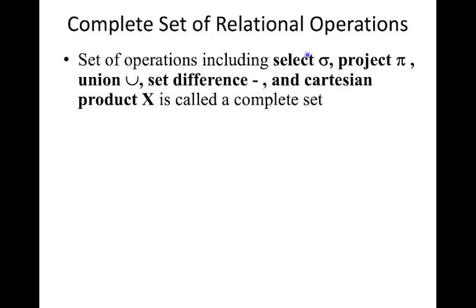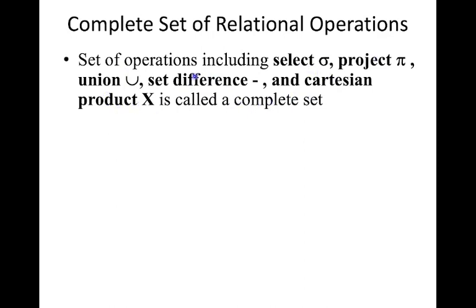Then there is a definition we call the complete set of relational operations. What do we mean by complete set of relational operations? The set of operations which includes the select operator, project operator, union operator, set difference, and Cartesian product is called a complete set.